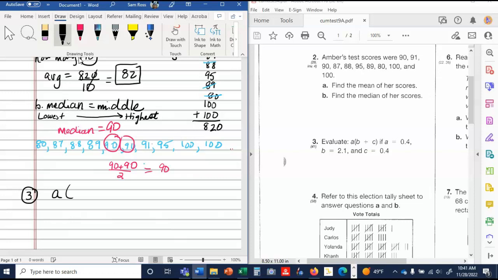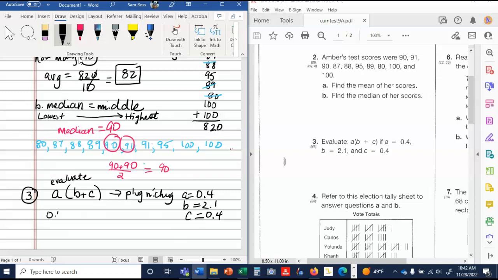Evaluate A times B plus C if A is 0.4 and B is 2.1 and C is 0.4. So when it says evaluate, that means plug it in. Plug and chug, as we call it.